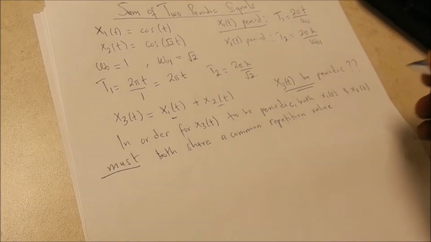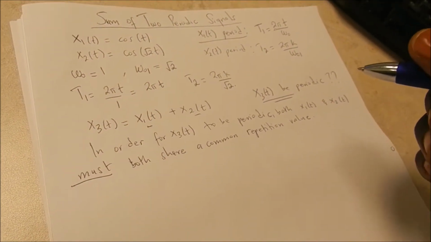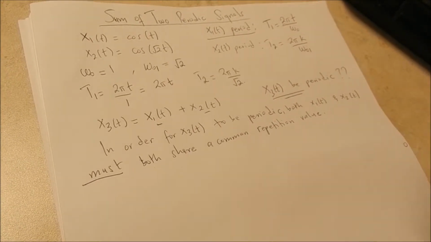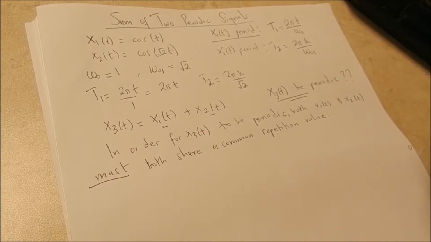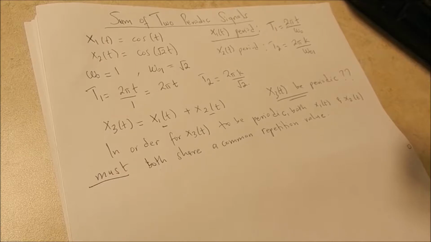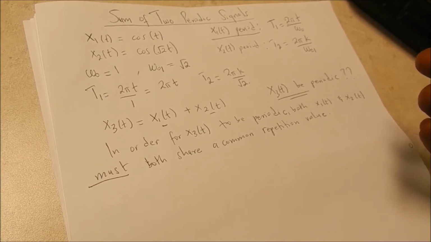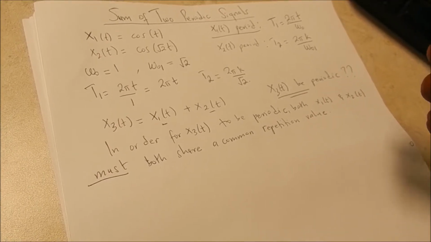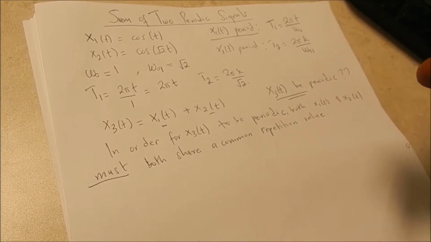They must, in both cases, share a common repetition value. Which in turn means that two periodic signals, when added to each other, will produce a signal that in some cases is periodic, and in other cases is not periodic.